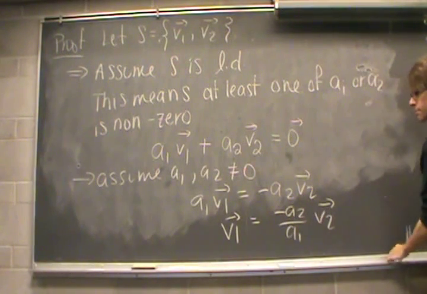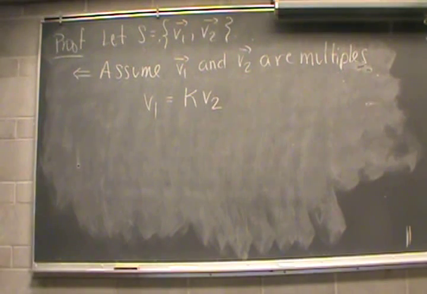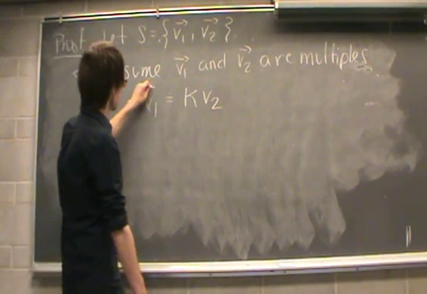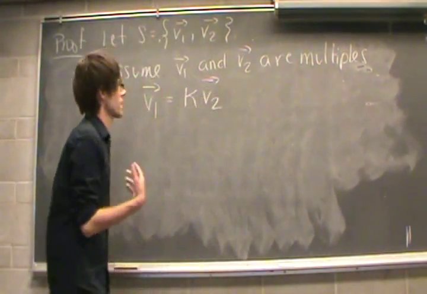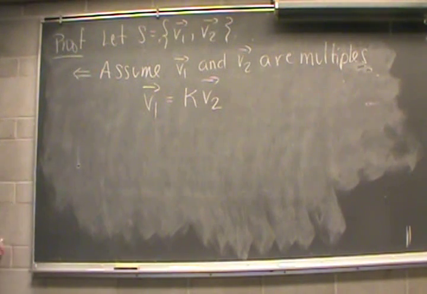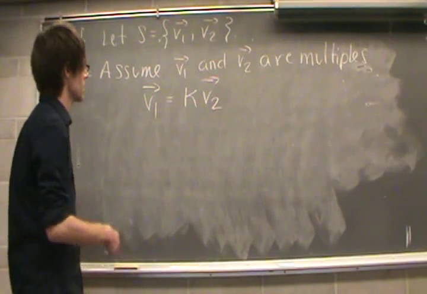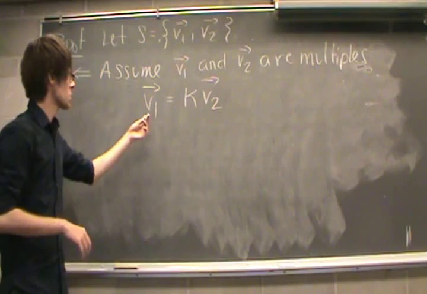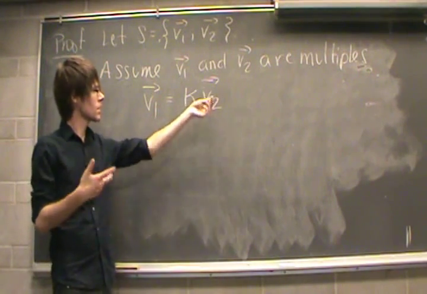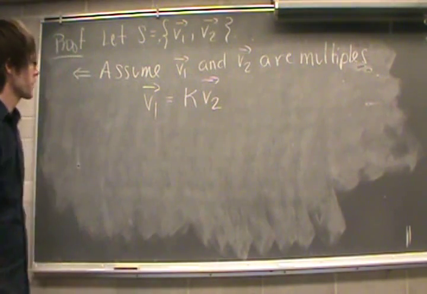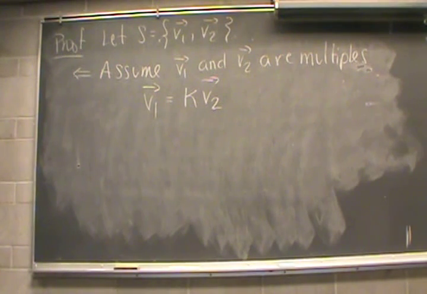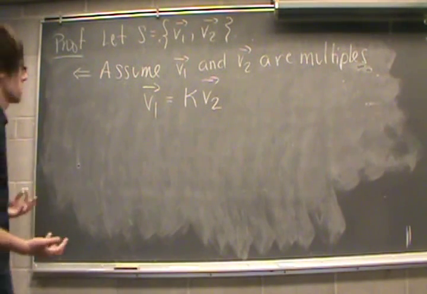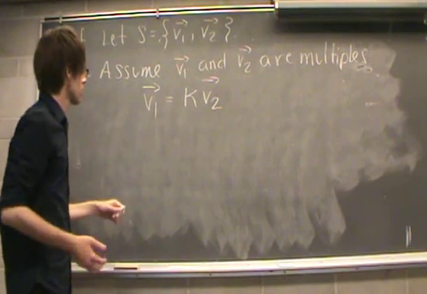So what we've shown is that v1 and v2 are in fact scalar multiples of each other. So here's the backward direction. We're going to assume that v1 and v2 are scalar multiples, and we're going to try to show that these two vectors would then form a linearly dependent set. So if they are multiples, we can write an equation like this. We could say that v1 is something times v2. We don't know what that something is. What we're going to do is move v2 back over to the left side.